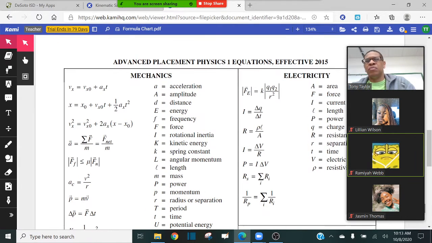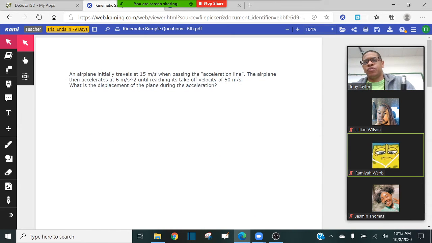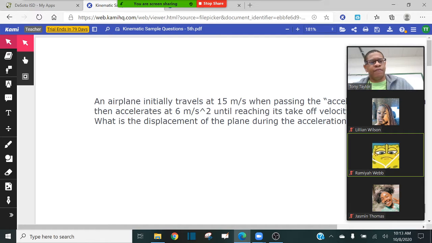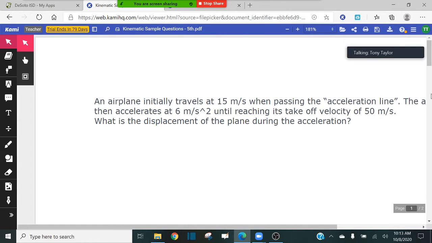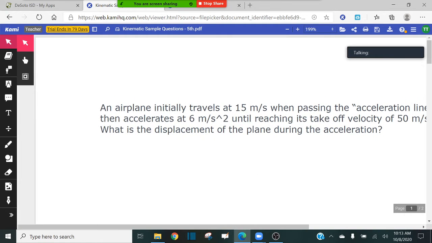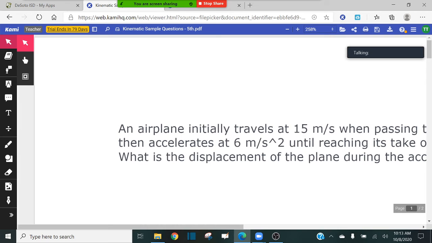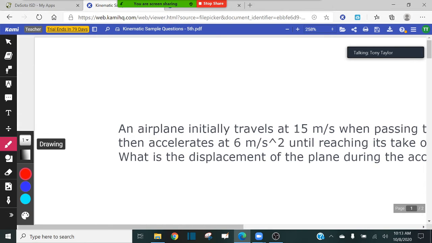Okay, so let me write these equations. Let me write these first two equations down first, and then we're just going to work out a few examples together so that everything makes sense. So this first equation, I'm going to write this at the top.